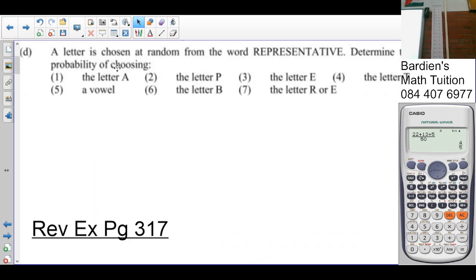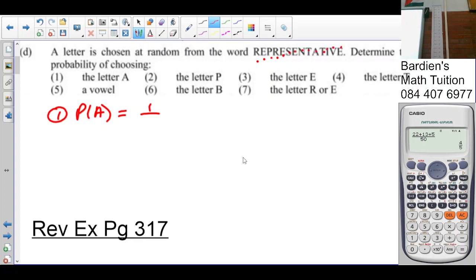A letter is chosen at random from the word representative. Determine the probability of choosing the letter A. How many A letters are there in that? 1. So it's 1 out of 1, 2, 3, 4, 5, 6, 7, 8, 9, 10, 11, 12, 13, 14. 1 out of 14.